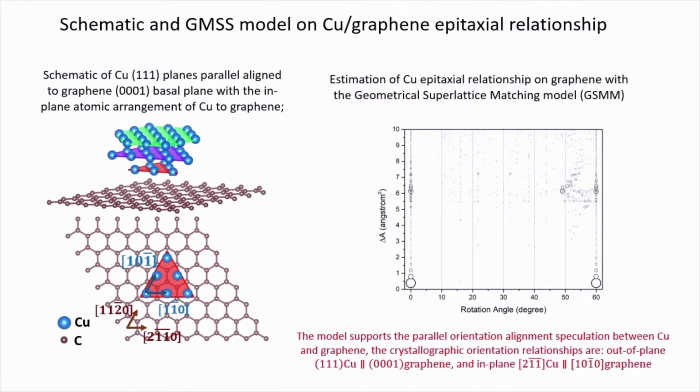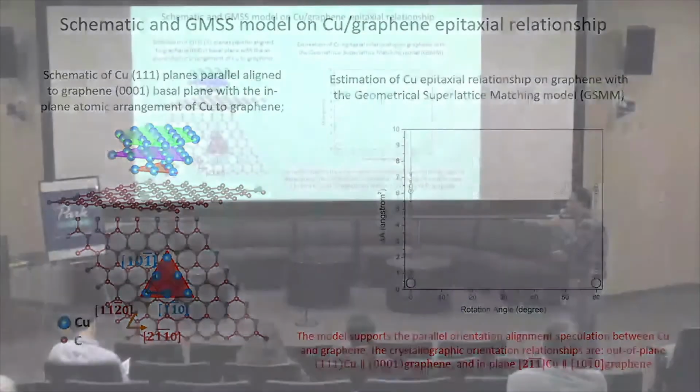We also ran a geometrical superlattice matching model to try to confirm our result. This model compares pairs of superlattices, one in the copper and the other in the graphene. We try to find a pair of superlattices which has the minimum area difference.